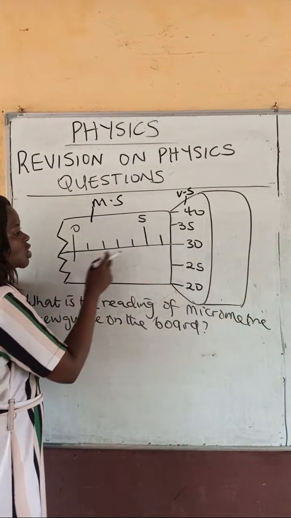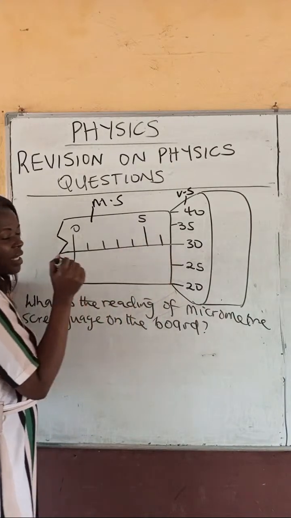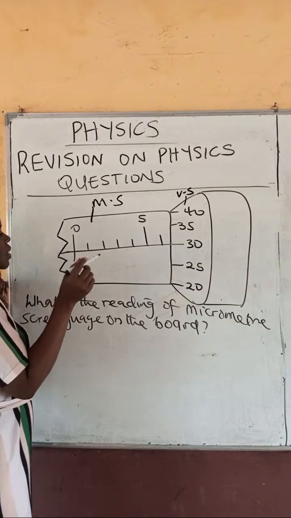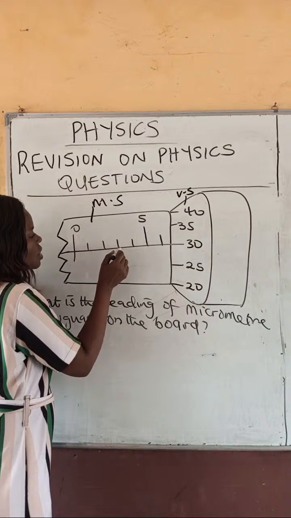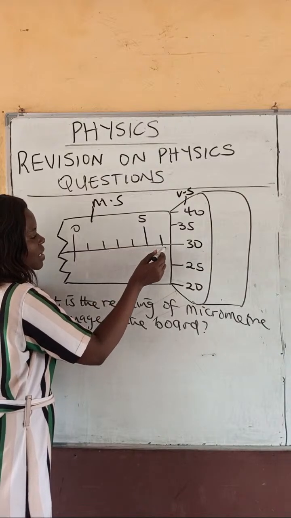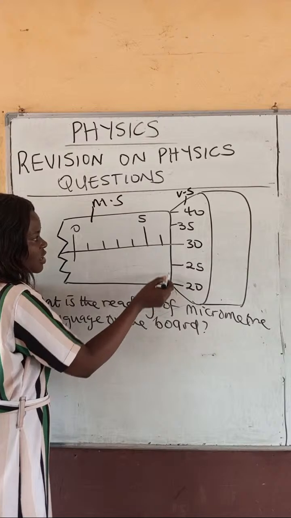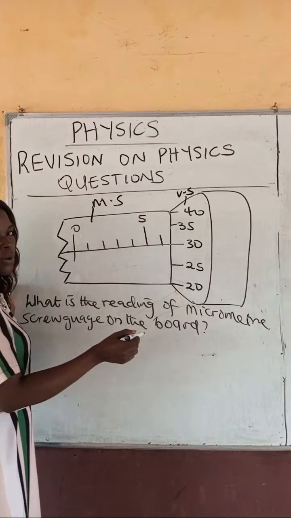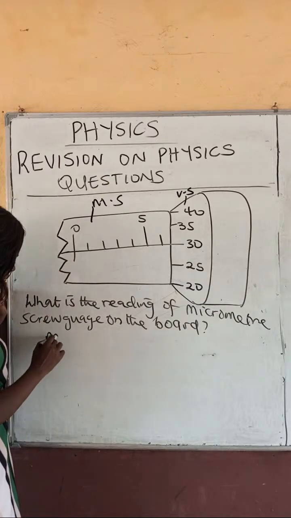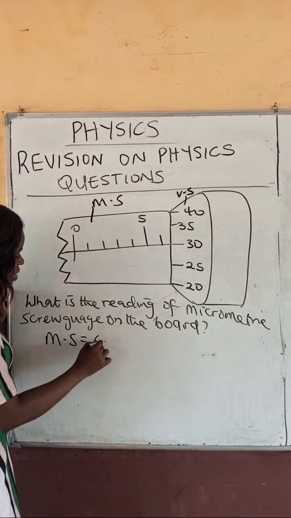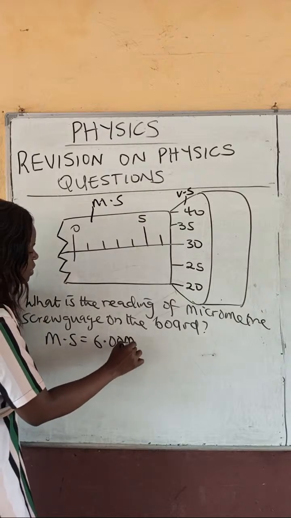You read until you get to this line, that becomes the end of the main scale reading. So this is 0, 1, 2, 3, 4, 5, 6. After 6, you saw this line. So this line is the line that ends the main scale reading. So I will say that main scale is equal to 6.00 millimeter.